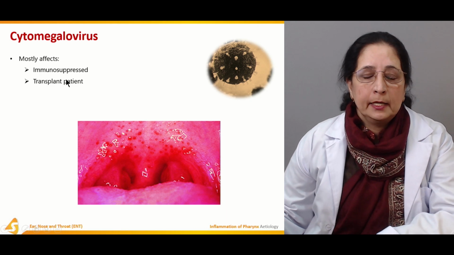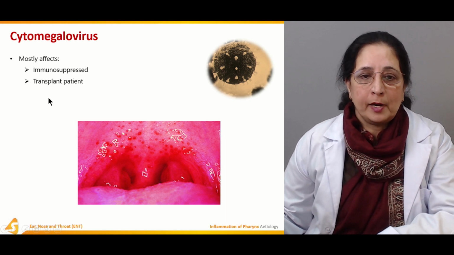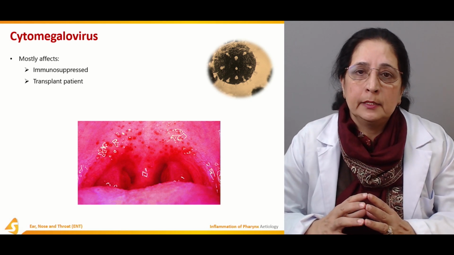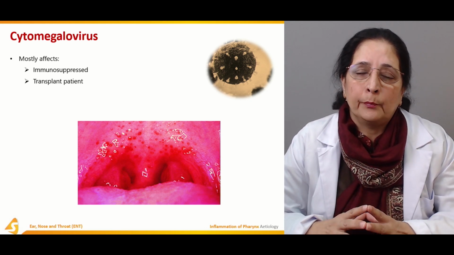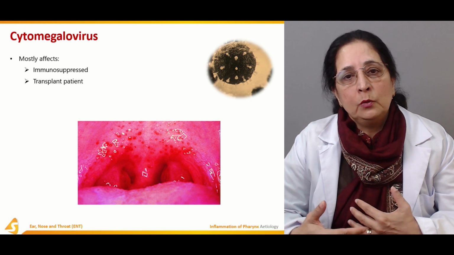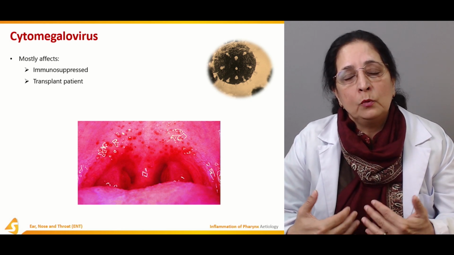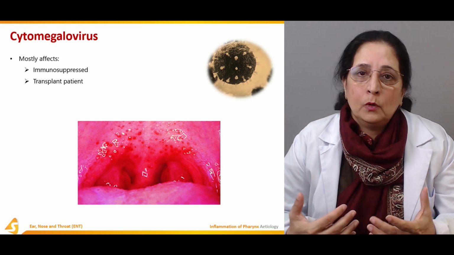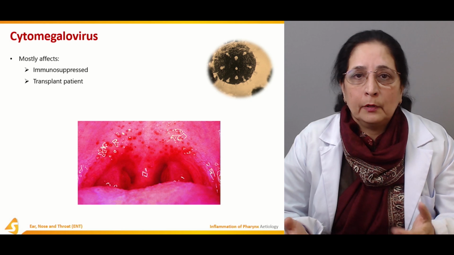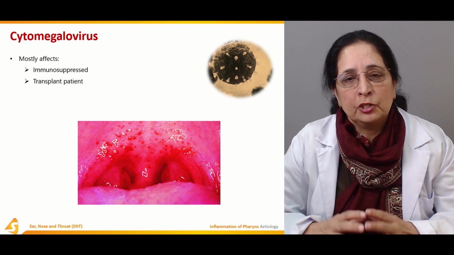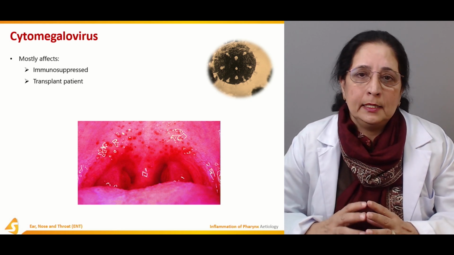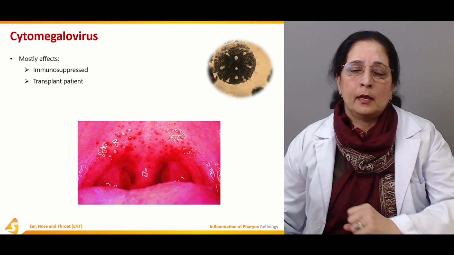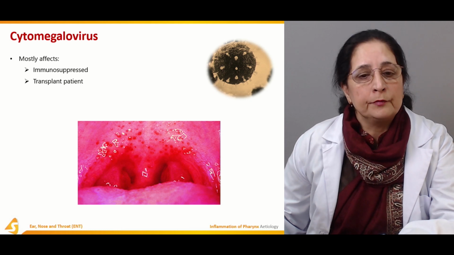It mostly affects immunosuppressed and transplant patients whose immune system is depressed. They are immunocompromised patients, usually who are diabetic, who are taking chemotherapy, and who are using long-term antibiotics. Different immunocompromised patients are attacked by cytomegalovirus, and also patients who have received any type of transplant.